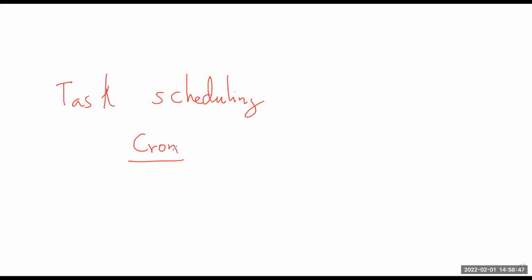So that's the word of it. Basically, it's something for periodic program execution. So you're going to have jobs or processes running in the background, but now you can schedule when you want these processes to run. All right, so this is Cron. It's called a Cron Facility. So Cron is a Unix facility that allows you to schedule programs for periodic execution. All right, so you schedule programs for periodic execution.